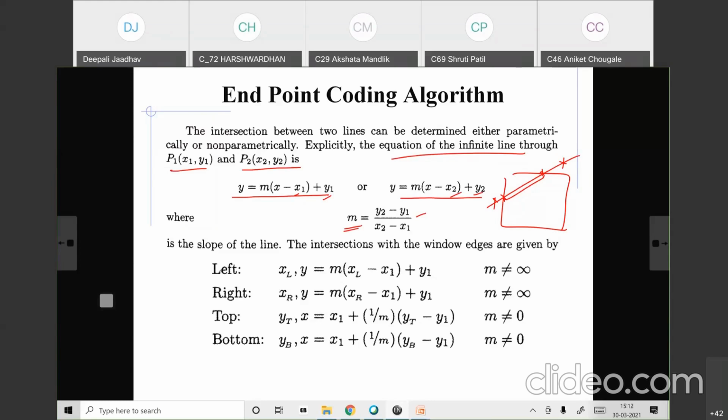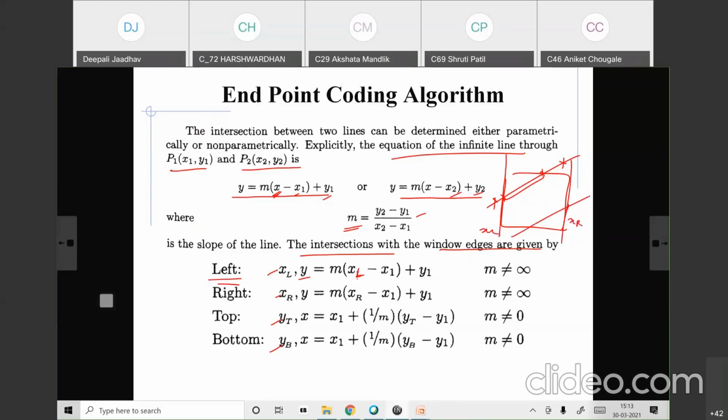Now, using left, right, top and bottom, we write the equation for the intersection with the window edges. How do we find the y intersection? According to the left, m into xl. So instead of x, we put xl: y equals m times xl minus x1 plus y1. If the line is like this, the intersection is here on the right hand side.